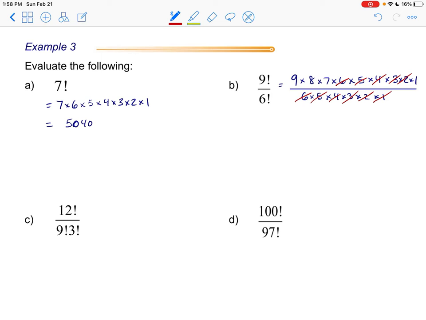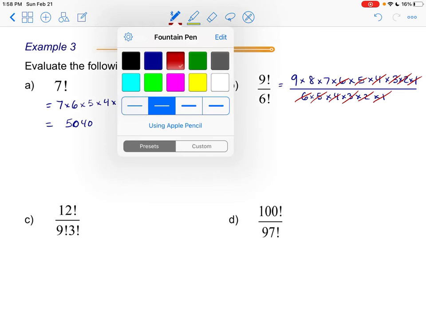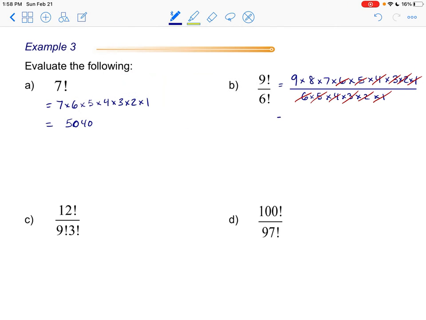So in fact, 9 factorial divided by 6 factorial, when we write it out and simplify it, we're just left with 9 times 8 times 7, and everything else cancels. That's equal to 504. And we know we're allowed to do that from our formula that we just did.